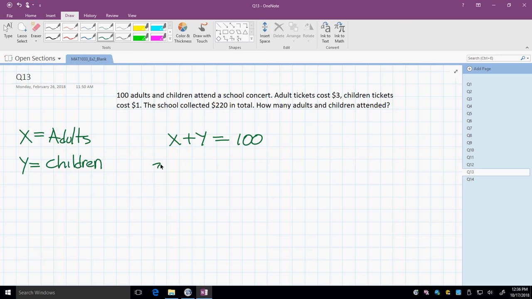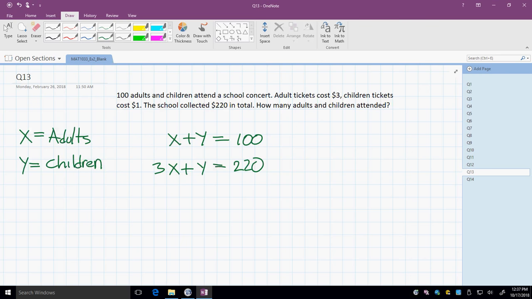So we're going to do 3 times x, plus children's tickets cost $1, so that's plus y. And they're telling you the school collected at the end $220. How many adults and children attended?